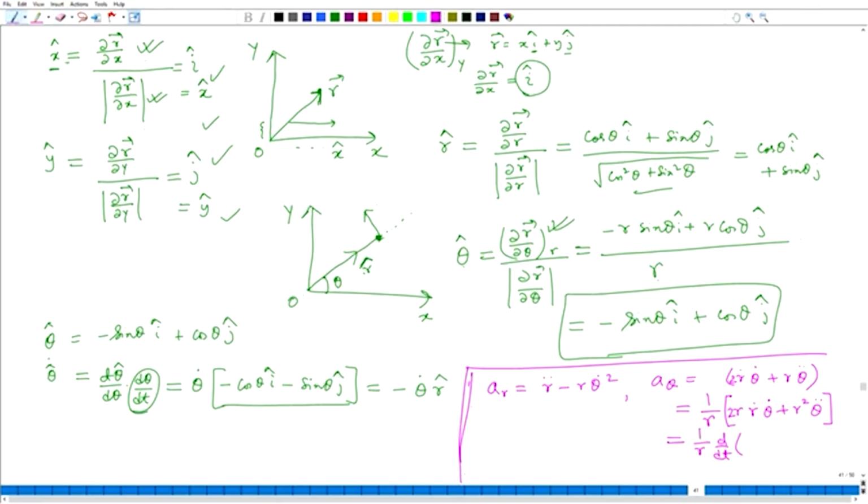You will have that d/dt of r square theta dot, because if you just see what will be the d/dt of r square, that will be 2 r r dot, and theta dot is just there, and then it will be r square d/dt of theta dot, which will be theta double dot. So, this will be simply this. So, I can now just equate this thing to our knowledge of central force.